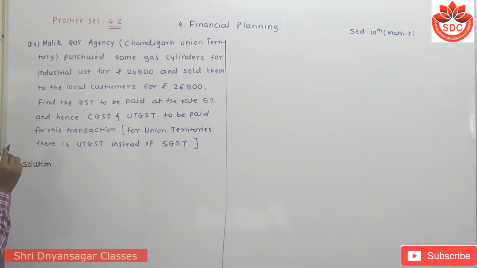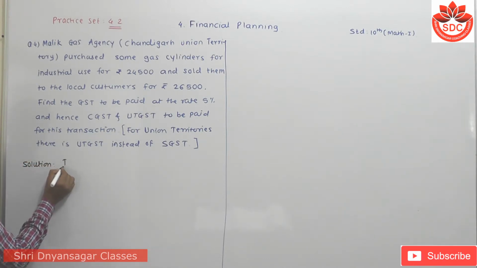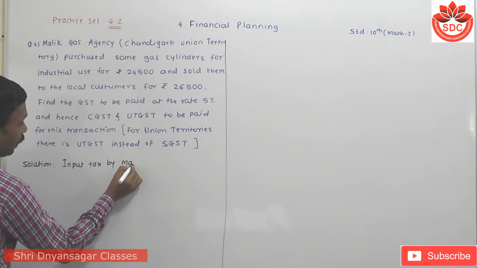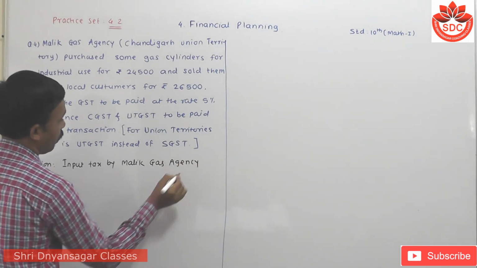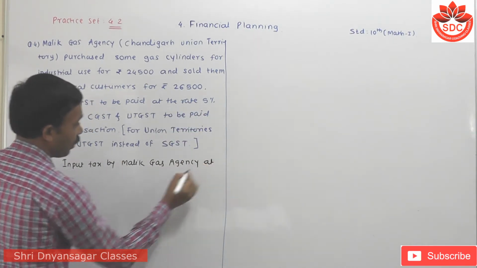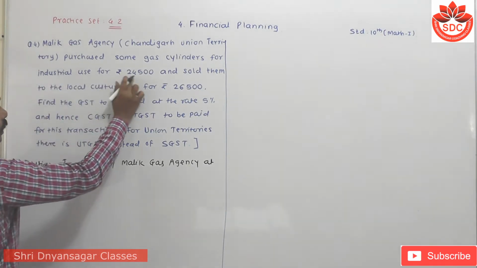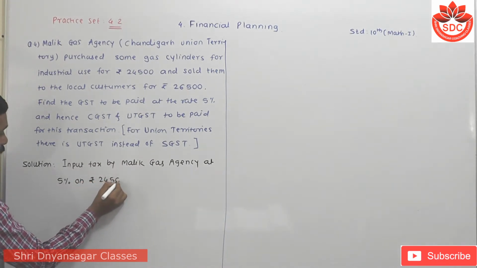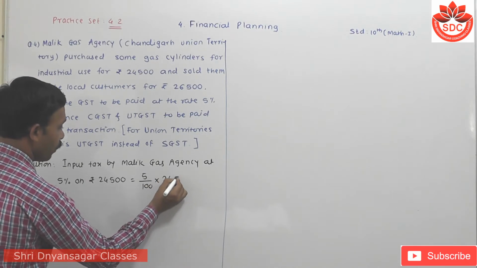Here, first I have to take the input tax by Malik Gas Agency, at 5%, on rupees 24,500. 5% of 24,500 is 5 upon 100 into 24,500.